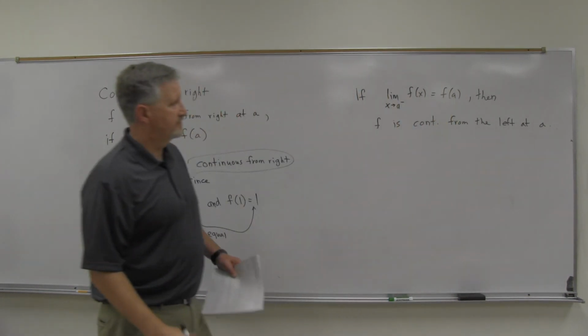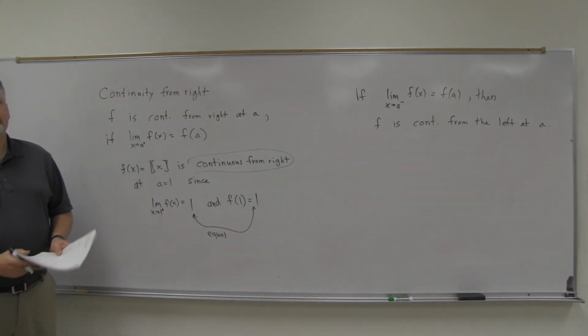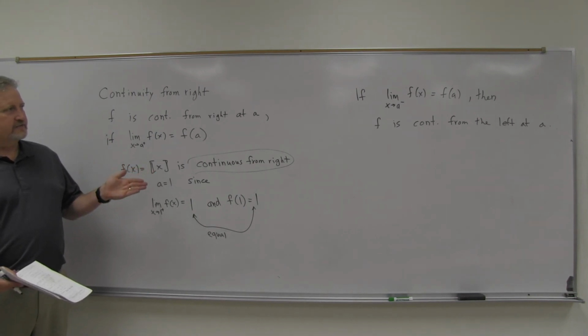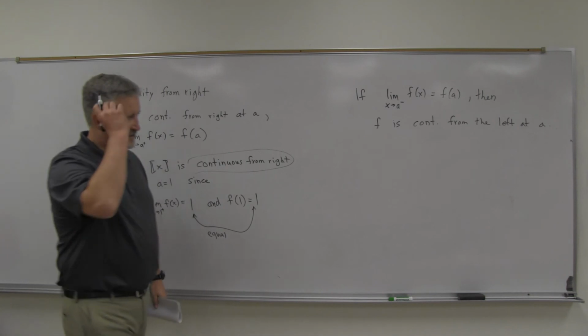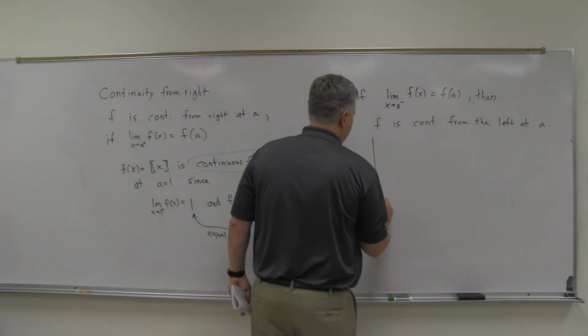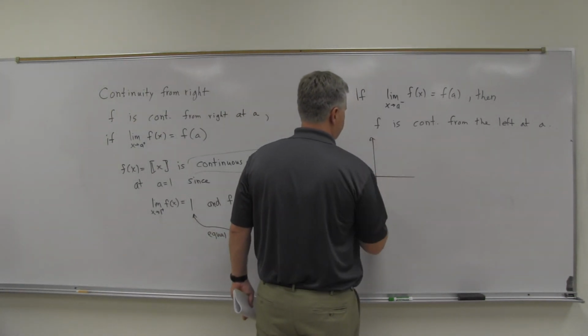It's just vice versa. So if the limit as x approaches a from the left equals the function value, then you've got continuous from the left at a. All right, so just to give you an example here.